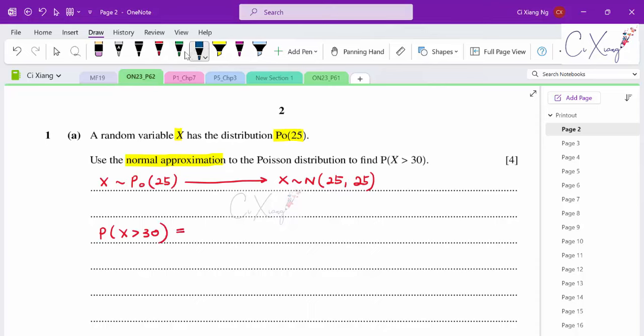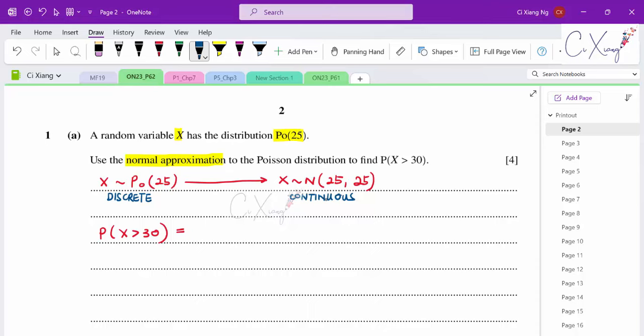Okay, right. So to find the probability for X greater than 30, first of all, we need to know that Poisson is a discrete random variable, and the normal is a continuous random variable. So when you want to change a discrete random variable to a continuous random variable, you have to do some adjustment, because for discrete, there are gaps between the values of X, and for continuous, X is in a range with no gap.